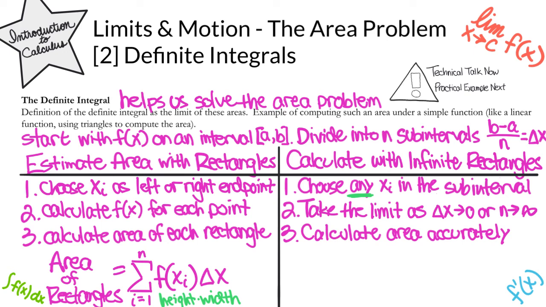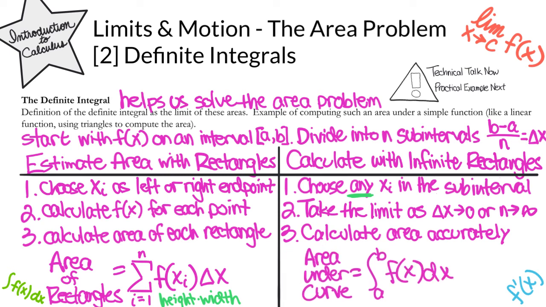Here it is. The area under the curve, or distance traveled, is equal to the integral from a to b, the integral symbol is just a tall skinny s, of f of x dx. dx is the infinitely small width of the rectangle. It's called the differential.